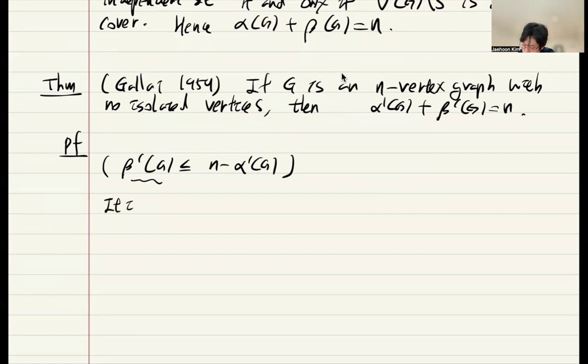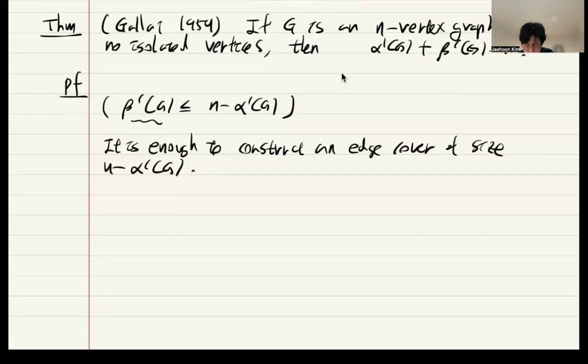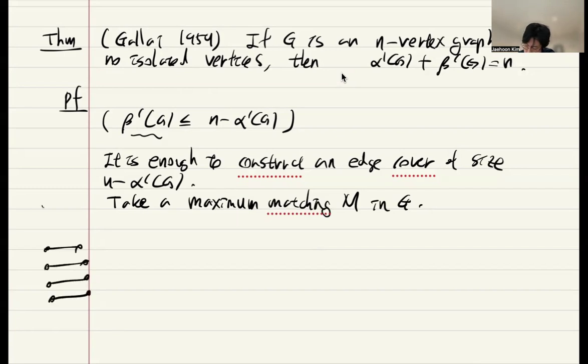So it is enough to construct one edge cover of size n minus alpha prime of G. So take a maximum matching M in G. And you have M here, and then there could be some vertices outside, and there could be edges between them.